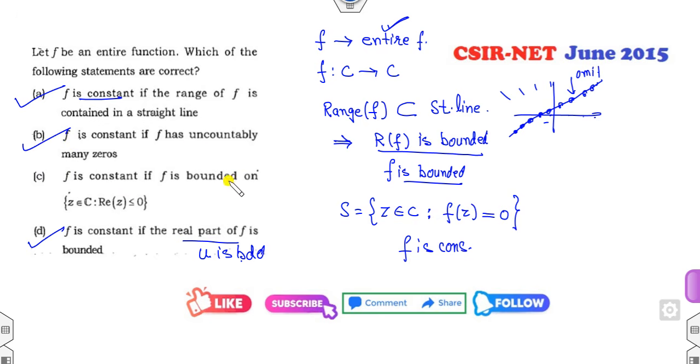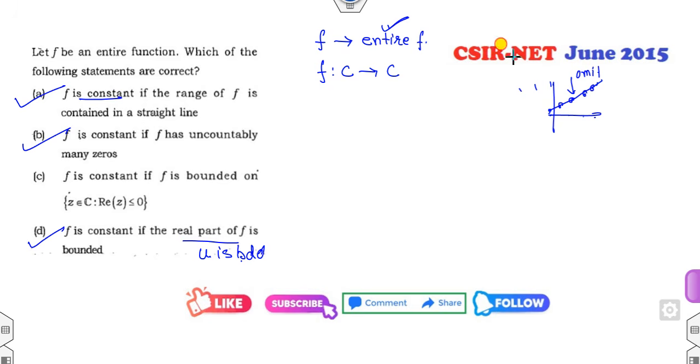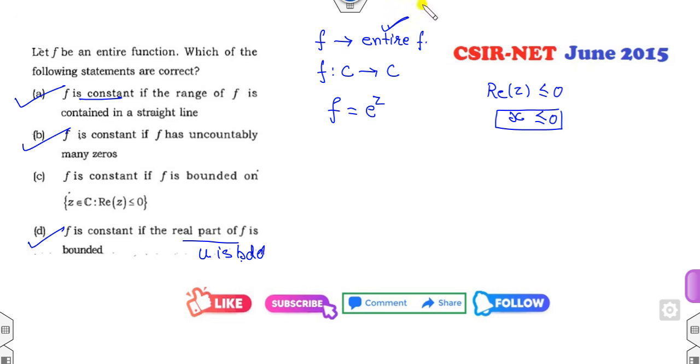f is constant if f is bounded on the real part of z being less than or equal to 0. That means x is less than or equal to 0. This is my entire function. Let's see this one: e raised to power x, e raised to power iota y.